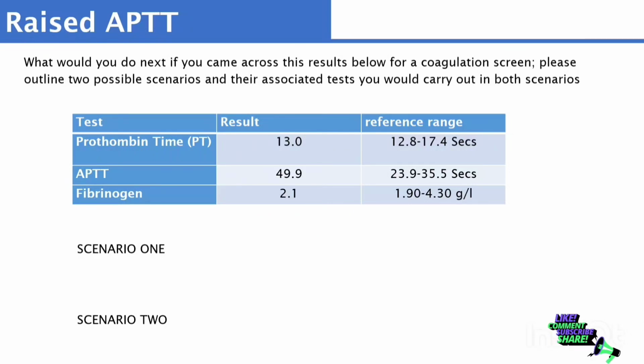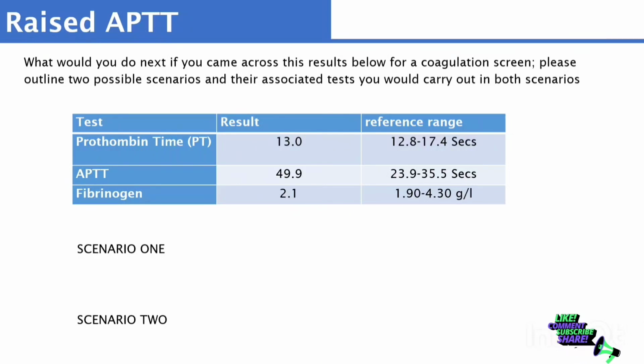So that is the associated test in both scenarios. In scenario one, the patient is on anticoagulant, and we can confirm this by doing an anti-factor 10A assay. In the second scenario, the person is not on anticoagulant, suggesting factor deficiency or inhibitor, so we do a mixing study.